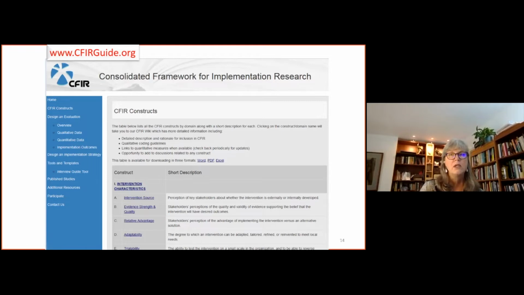And it's important to know and understand those, and then to choose a framework that brings clarity to your work and that helps to really advance your development of theory and your testing and refinement of the theories that are guiding your work. The CFIR is just one such framework. And the principles that I talk about today can be applied to any determinant framework. There's the PARIHS framework, the normalization process theory framework, etc.